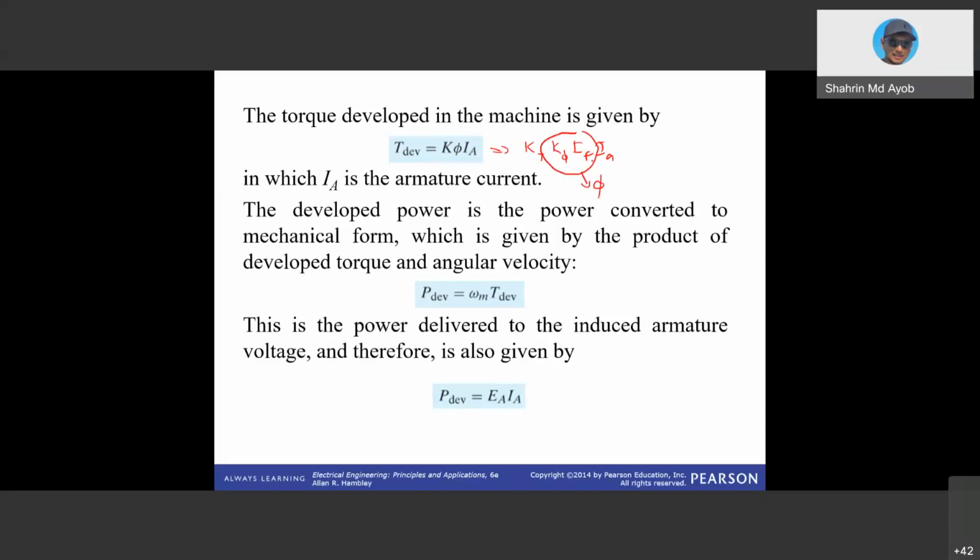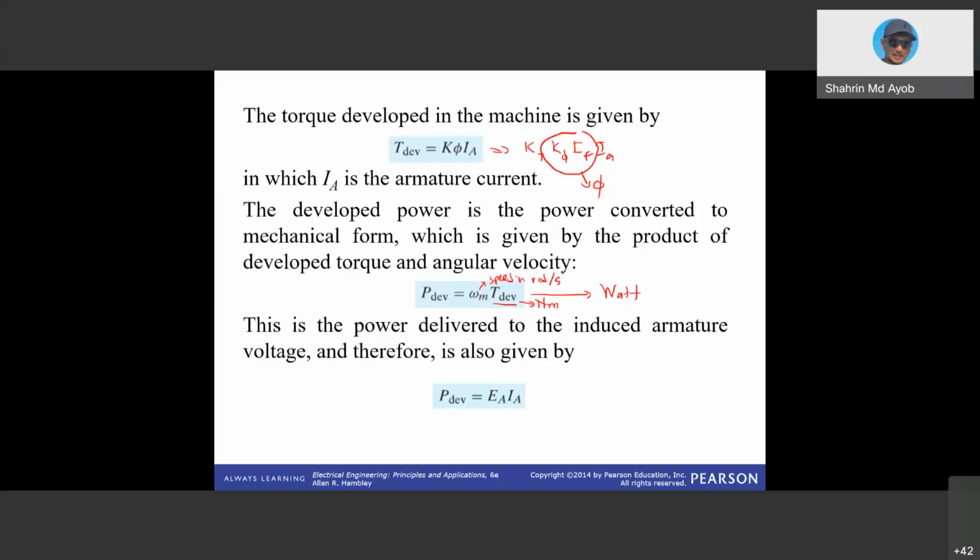You also have the power developed by the mechanical energy, which you can compute using the speed in radians per second multiplied by the torque in newton meters. The unit is still watt.